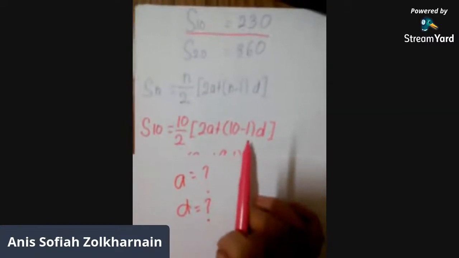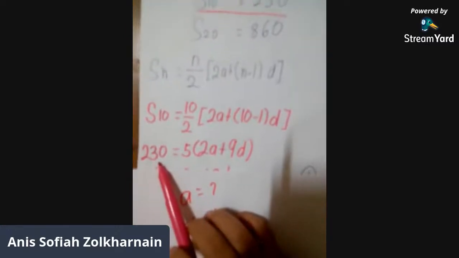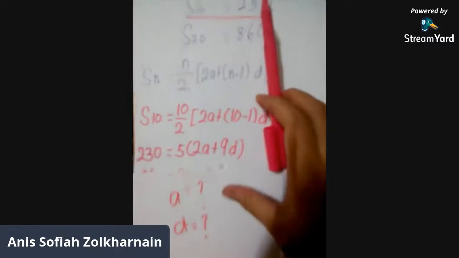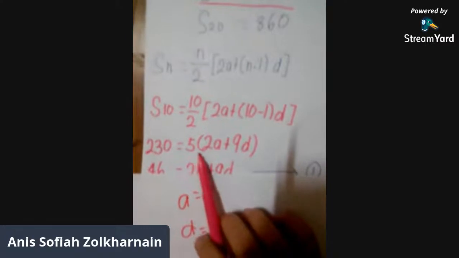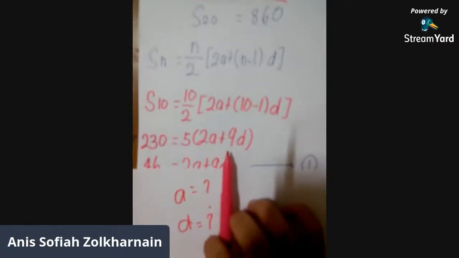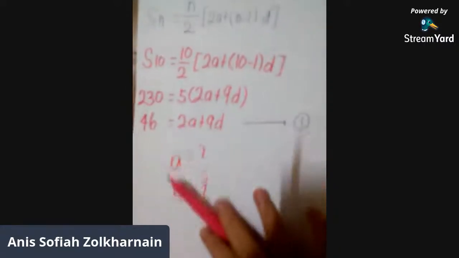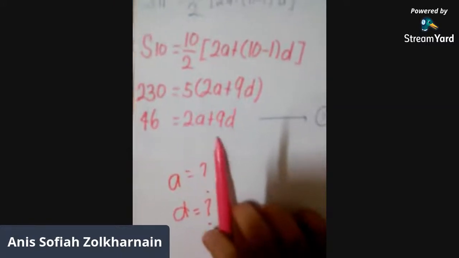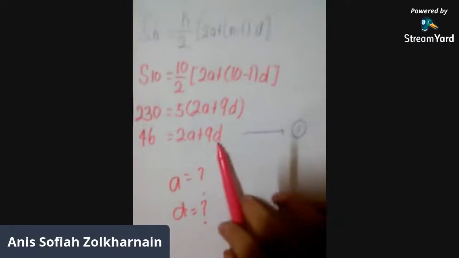We also don't have the value of the common difference. So here 230. Why 230? Because the value of S10 is 230. 230 equals 5 in bracket 2a plus 9d, which is 90 when simplified. So we simplify this equation, and lastly we get 46 equals 2a plus 9d. This is the first equation.